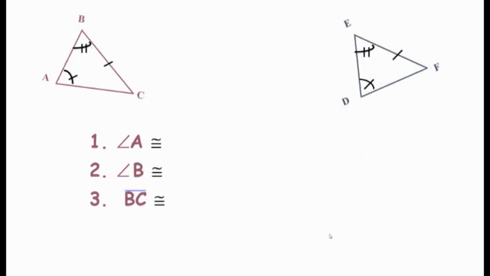And this one. Alright, can you see these two triangles? It doesn't have an included side or included angle. But that doesn't matter. You can still prove that these two triangles are congruent using another postulate. So let's take a look at it again. Angle A is congruent to what angle?